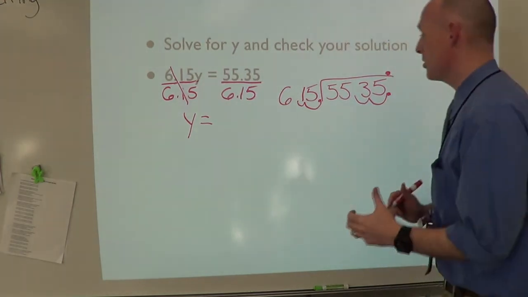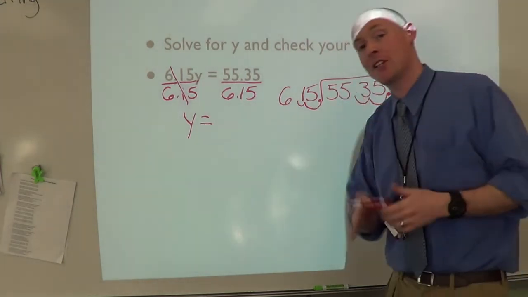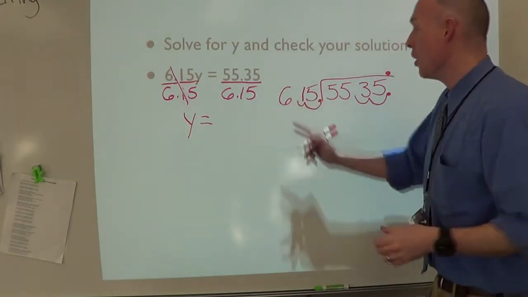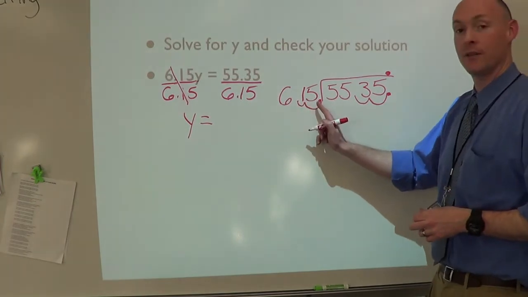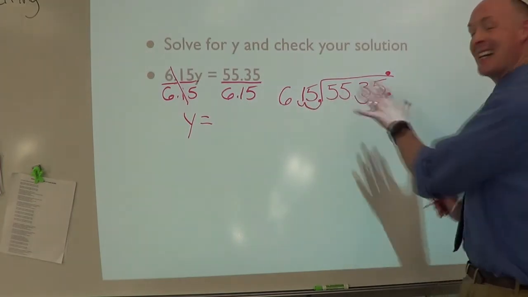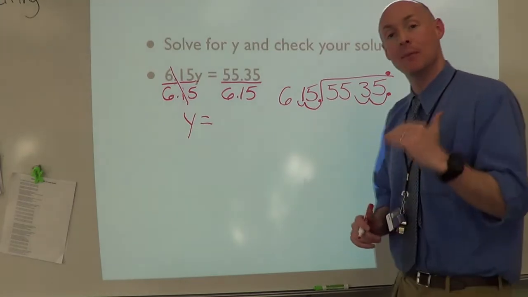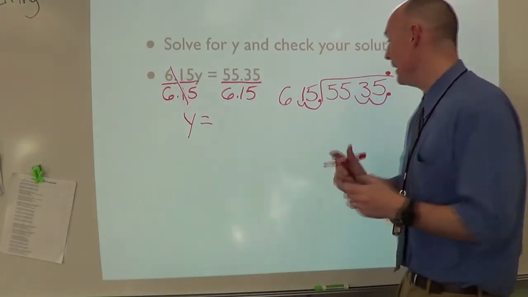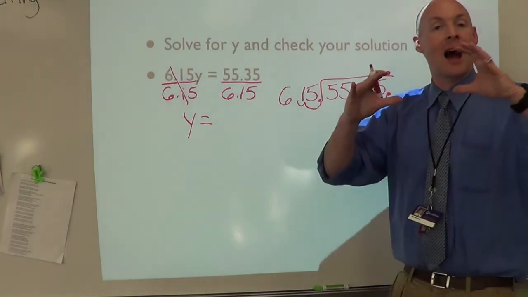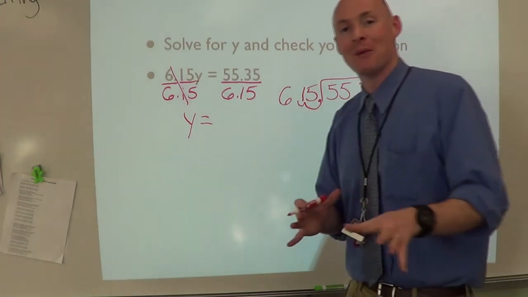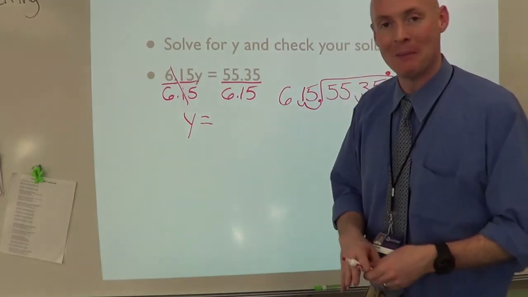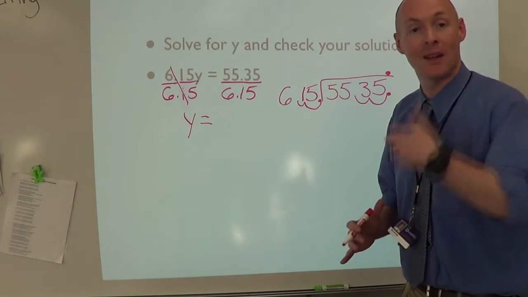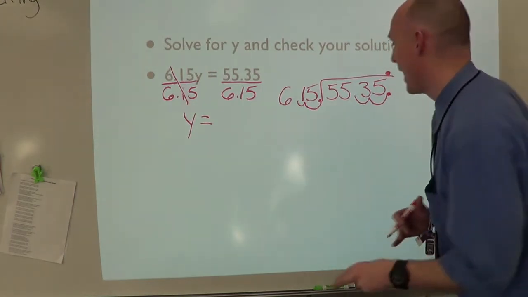The best way I could say is, okay, take an educated guess in your head. 615 times 10 would be 6,150. And that's kind of close to it. It's a little bit lower. So I'm just going to guess that the number could be 9. It would help if I actually worked this problem out before I film this video, but I'm crossing my fingers that it's 9. If not, we'll try 8 and then we'll try 7, but I'm hoping it's 9.